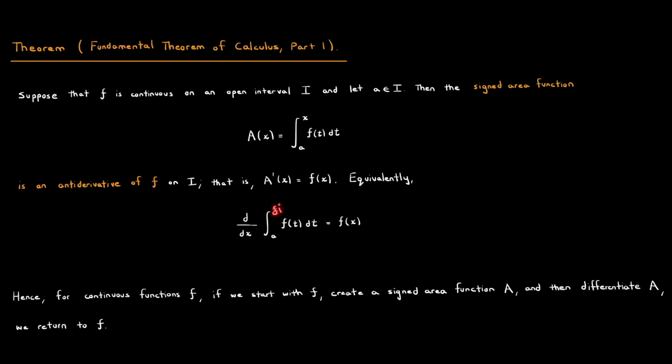So maybe it's sine of x or x squared. Then how do you differentiate such functions? And even worse, what happens if your lower bound is not fixed? What happens if this also happens to be a variable x squared or some other function of x? And so if you're excited about that, we will take a look and learn about how to differentiate those types of integral or signed area functions in the next video.